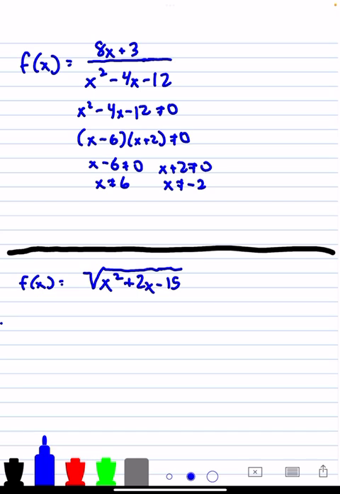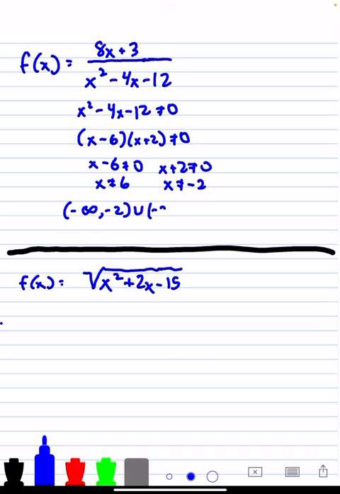Now, how do we put this into interval notation? We're going to say negative infinity to negative 2. All right. We can put any number in from negative infinity up to negative 2. The negative 2 is not included.